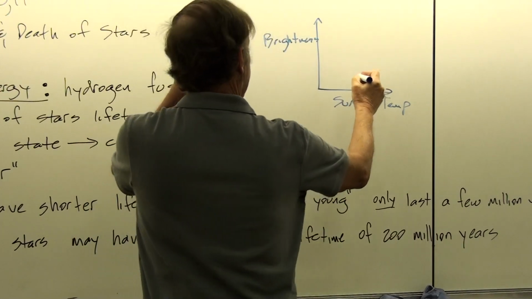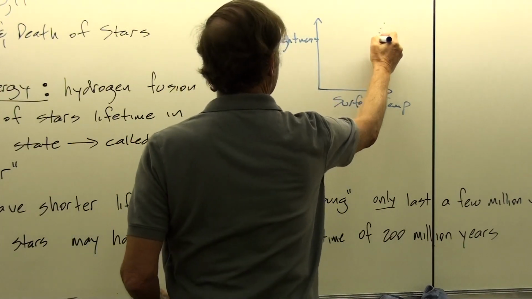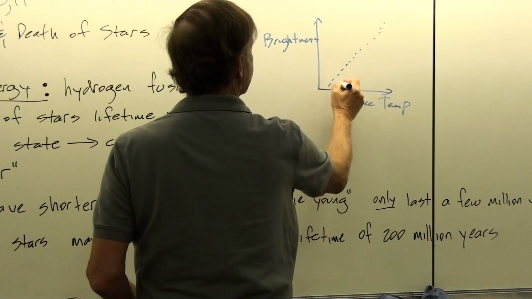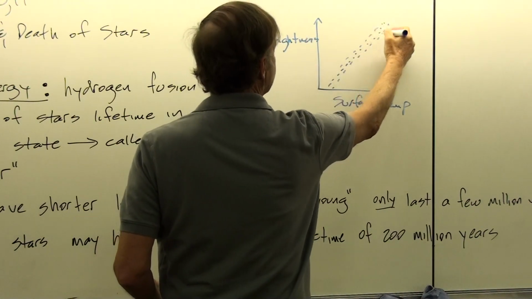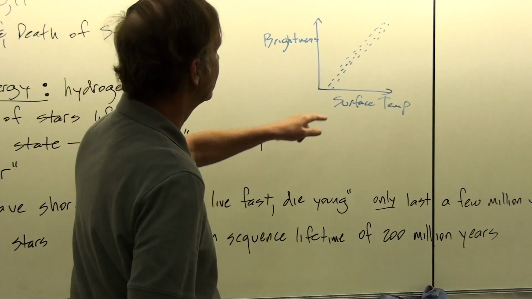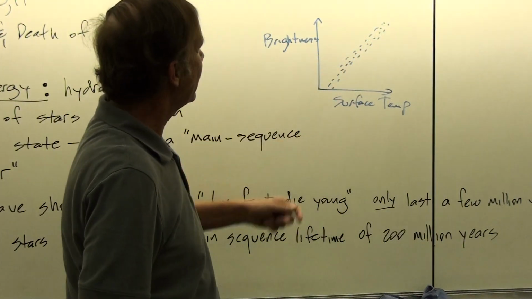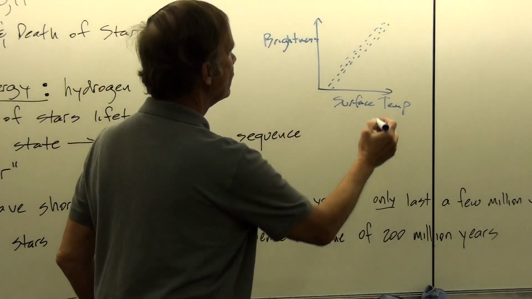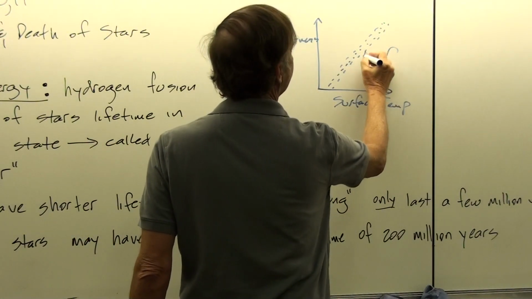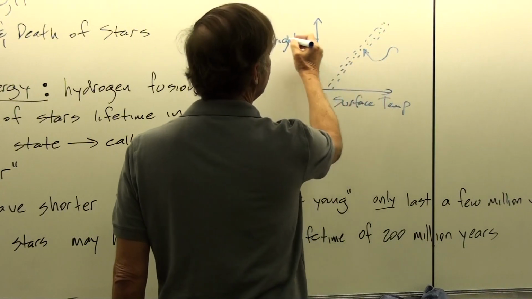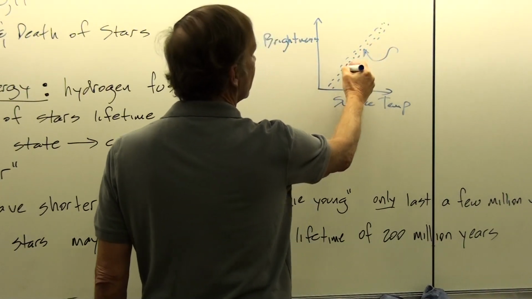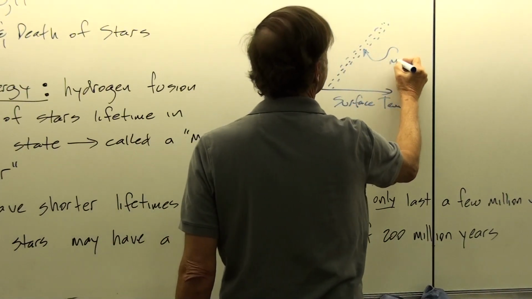We find that stars that are brighter have a bigger surface temperature, and I think that would make sense. A more bright star would have a larger surface temperature. But this tends to plot in a logarithmic plot as a straight line. And so these are hydrogen burning stars that plot along what's called the main sequence.